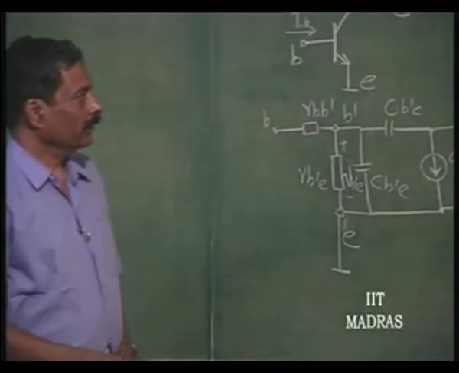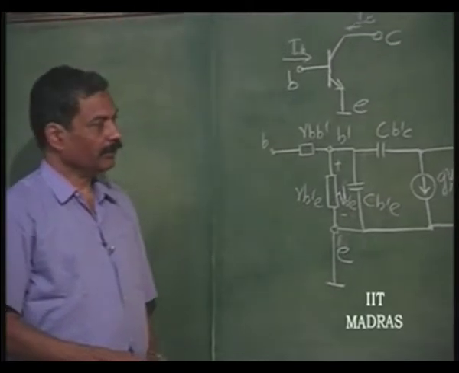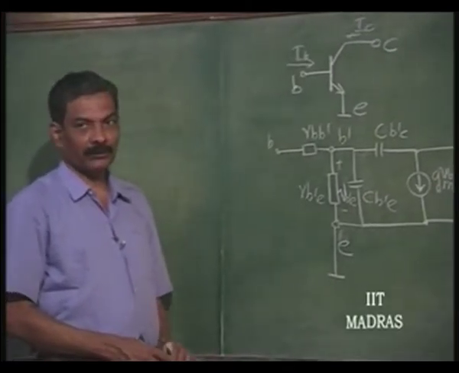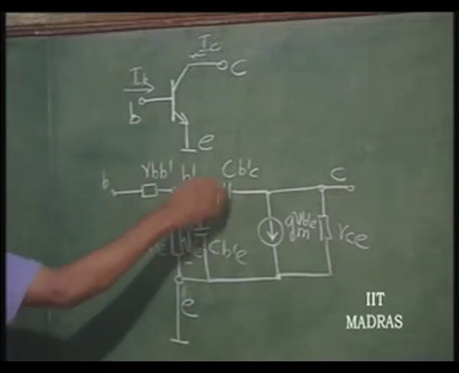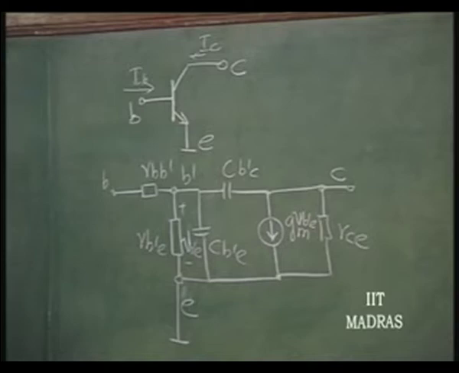Now that we have to use this hybrid pi equivalent circuit quite often in understanding video amplifiers, let us see how some of the low frequency parameters which we know of are related to the high frequency equivalent. This is the common emitter transistor, this is the hybrid pi equivalent. At low frequencies these capacitors are not coming into the picture.